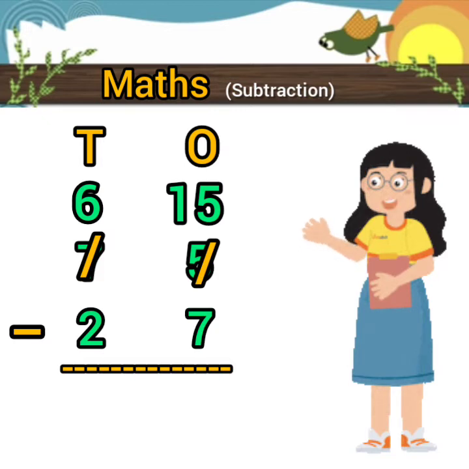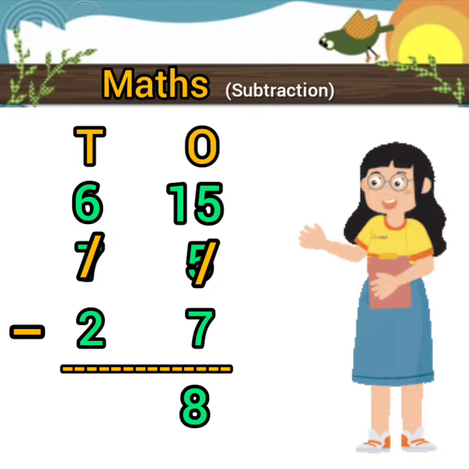So now let us subtract. Now if I take away 7 from 15, what will I get? Yes, 8. So from 15, if I take away 7, I will have 8. And now here in the tens place, if I take away 2 from 6, what will I get?